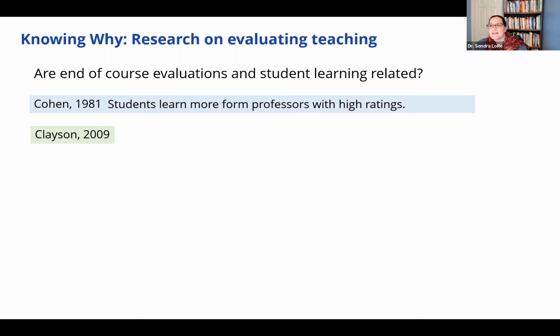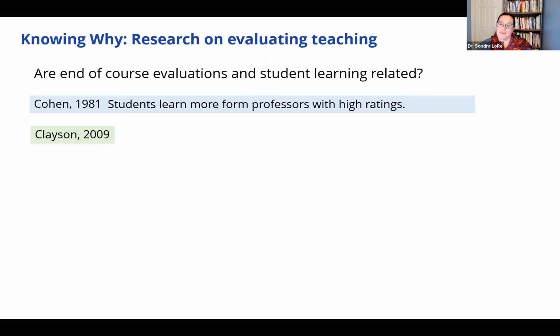So what's being said here is that when we assess students' learned skills, when a professor receives an end of course evaluation with a high score, those students are learning more.